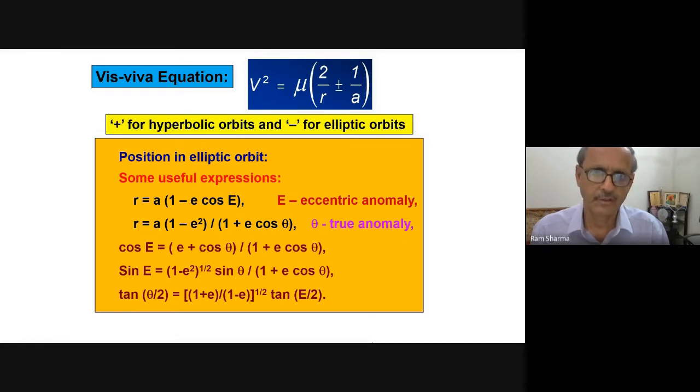For the position in an elliptic orbit, we can find out R. If we know the eccentric anomaly E and A, the first equation gives R; otherwise the second equation, A into 1 minus E square upon 1 plus E cos theta, where theta is the true anomaly. These are the relations in terms of eccentric anomaly and true anomaly. Similarly, we have true anomaly in terms of eccentric anomaly.